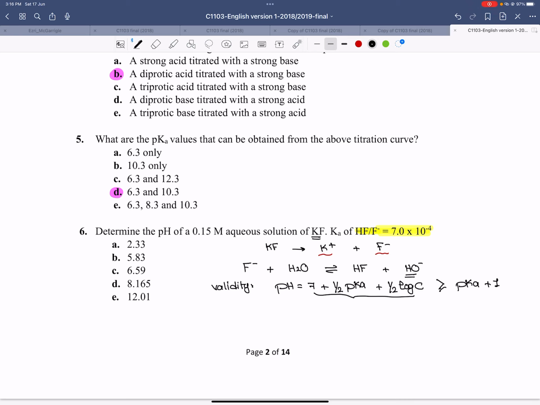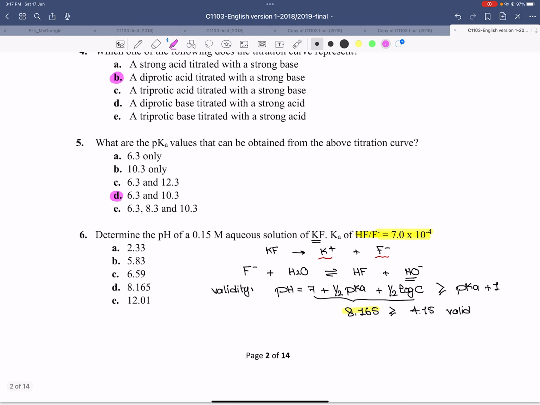So calculate it, 7 plus half pKa. You already know how to calculate pKa. Log C, you already have it. You get a value of 8.165. Is this greater or equal than pKa plus 1? pKa is 3.15, so it's basically 4.15. This is valid. It means that this is your pH. Let's choose it. Which one is it? It's D. This is your pH.